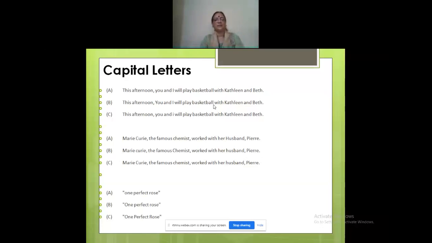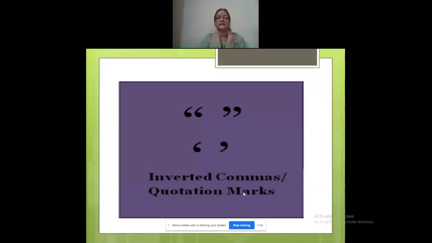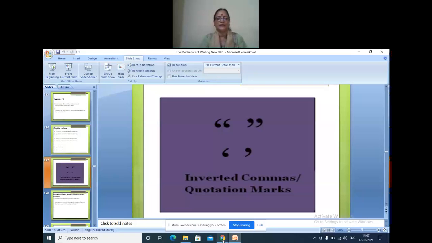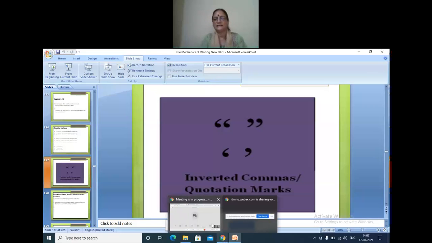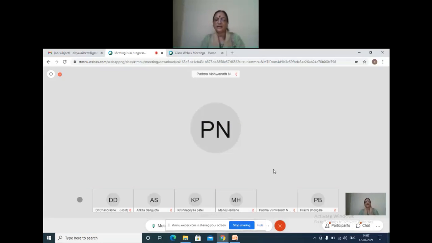Now we are coming to inverted commas, and we will start with them, then take a small break and continue. So whatever we did till now, is everything clear? Very simple. We did the different kinds of sentence errors that we may face while writing.